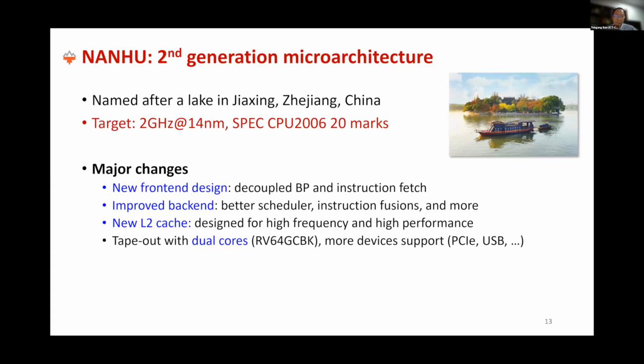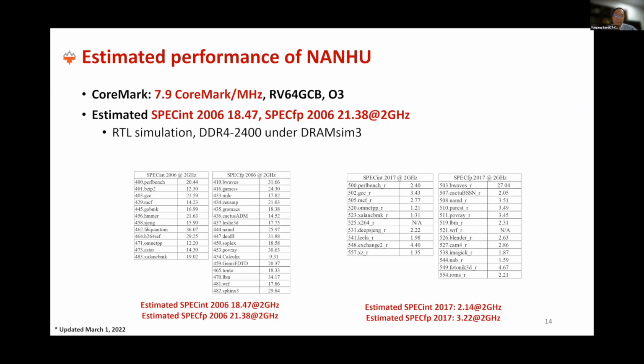For example, we introduced a new front-end design, we improved the back-end design, and we redesigned the L2 cache. Also, NANHU will be taped out with dual cores. This is the estimated performance of NANHU: for SPEC CPU, it is almost 20 points at 2 gigahertz. So this is the general information of the Xiangshan project.